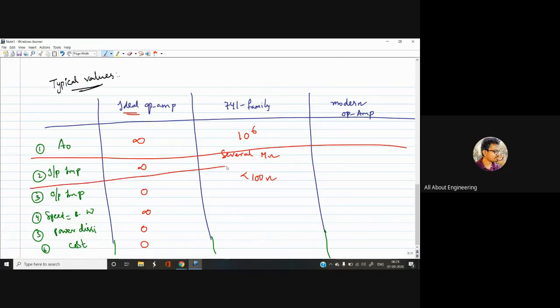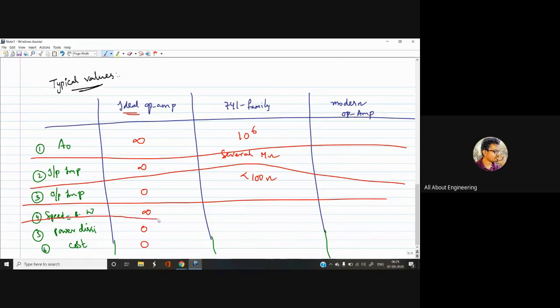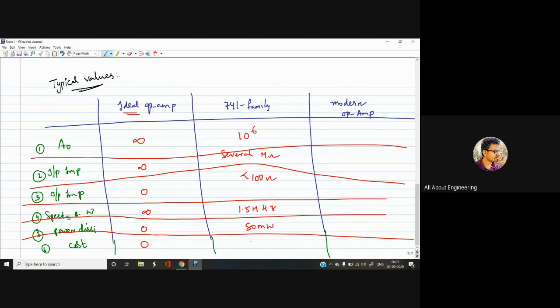The speed would be around 1.5 megahertz, and the power dissipation is around 80 milliwatts, and the cost is somewhat less than 100 rupees.